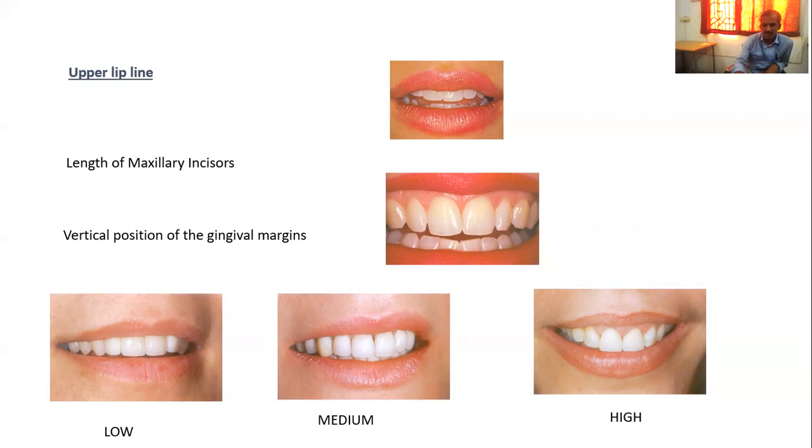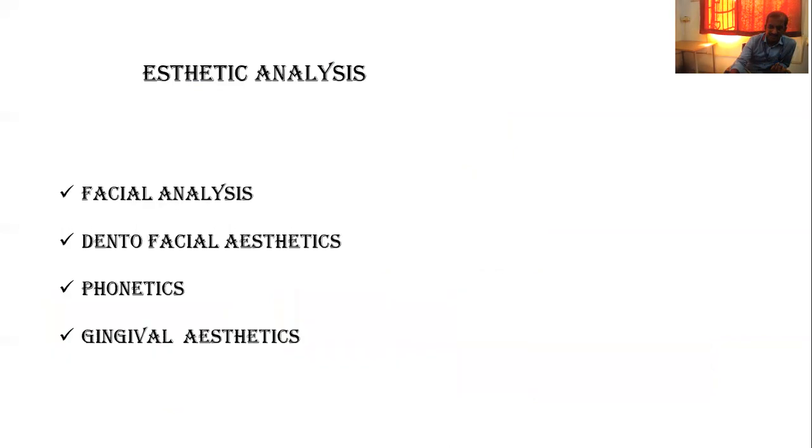If it is visible too much, that is called a gummy smile, most commonly associated with long face syndrome. When you see a patient with gums visible, it should strike your mind that there is a real problem with the smile, so that can be corrected.